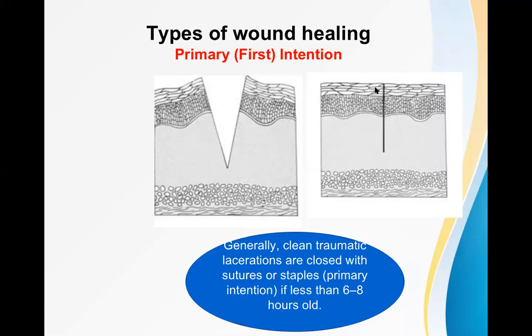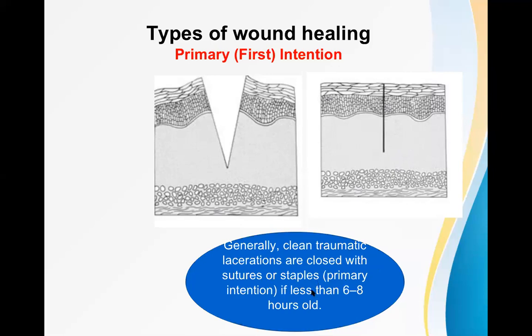And usually the surgical wound which is given by the scalpel is usually healed by primary or first intention. Now see here, generally clean traumatic lacerations are closed with suture or staple, and the healing in this situation is known as healing by primary intention.